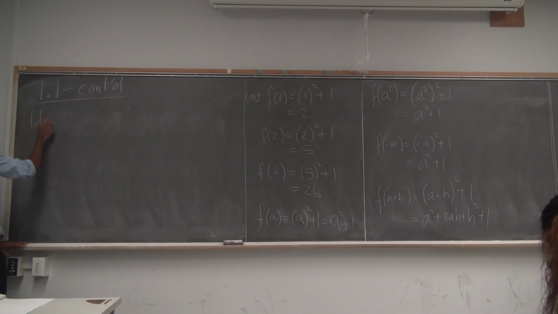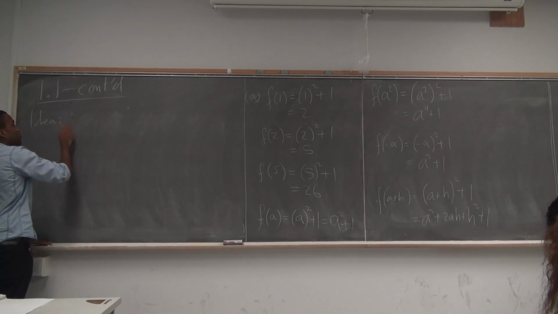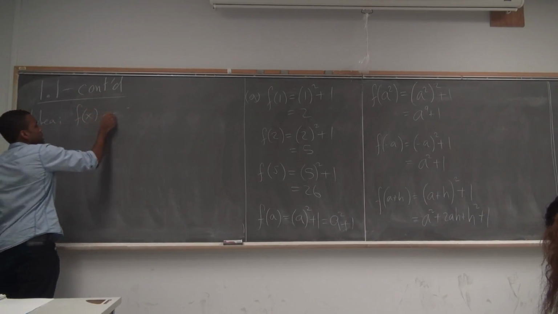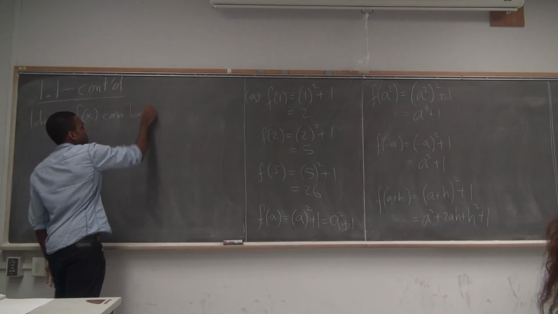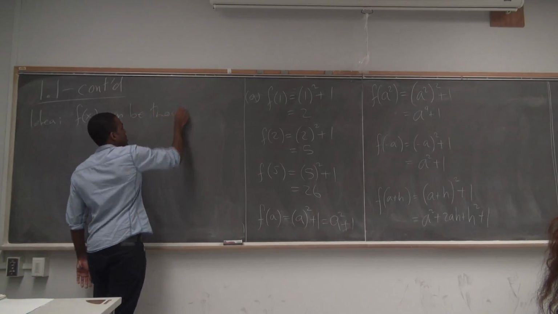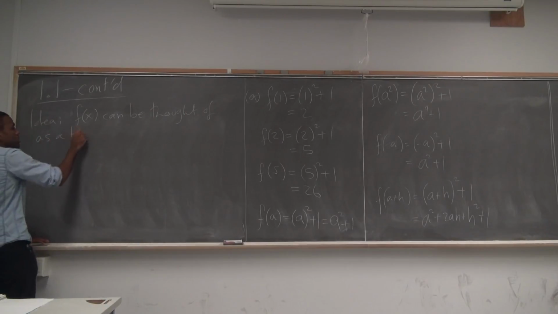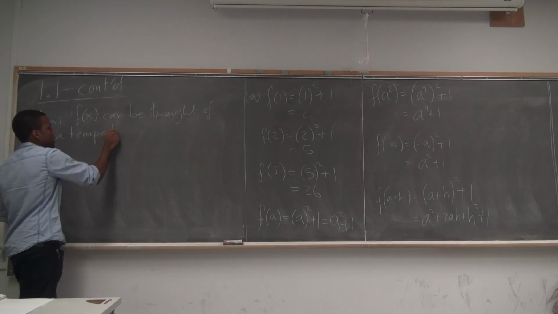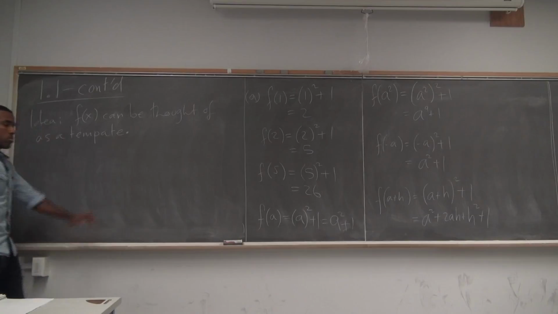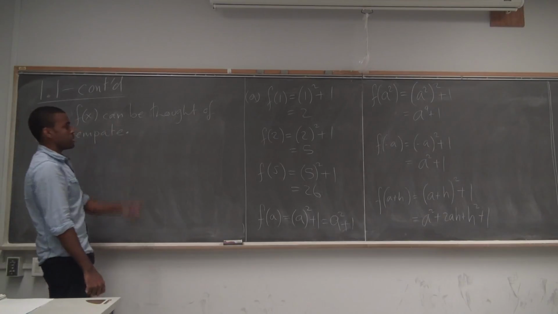The idea behind all this: f of x can be thought of as a template. So when you're given a function definition in algebraic form, remember there are many ways we can represent a function. In algebraic form, you can think of that as being a template.